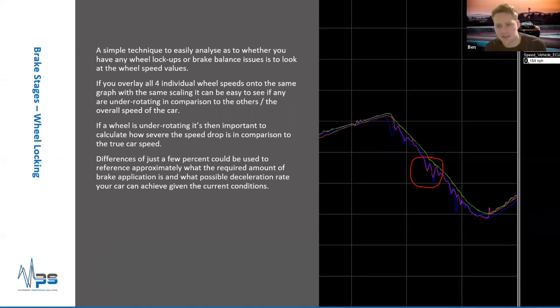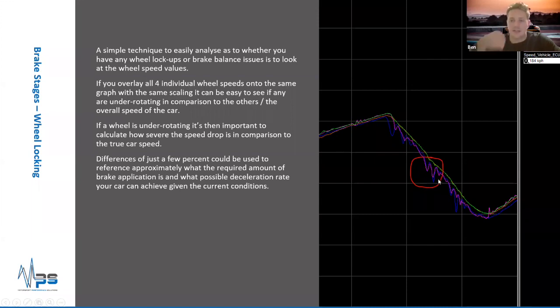I've got an example here. The blue and the pink traces just start to drop away. The values drop away from the actual speed of the vehicle, which would be the green or the red. So there you're at your locking limit. I haven't calculated it, but I'd guess it's only a few percent when it starts to lock.